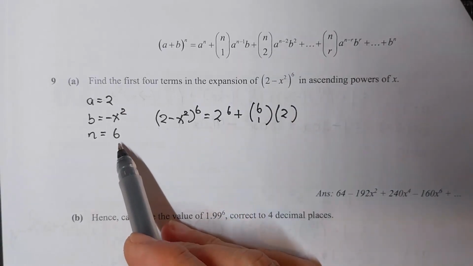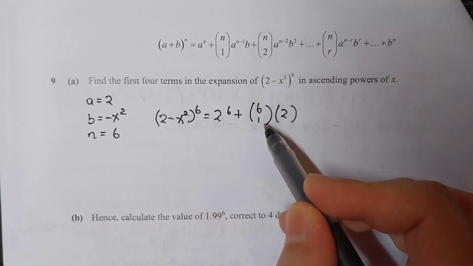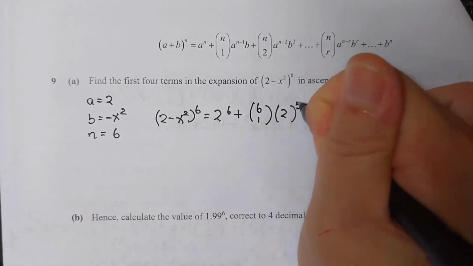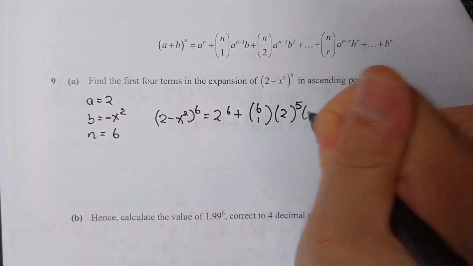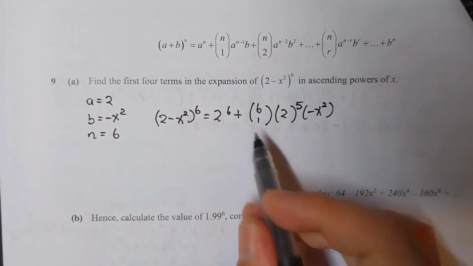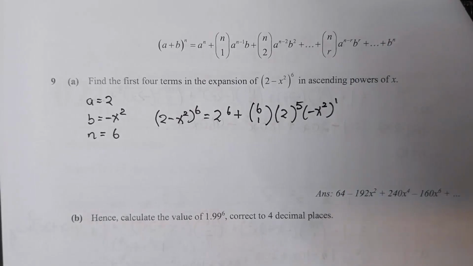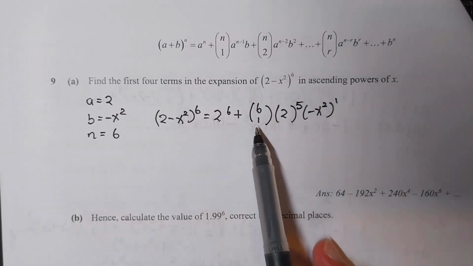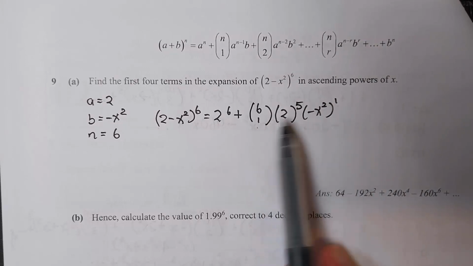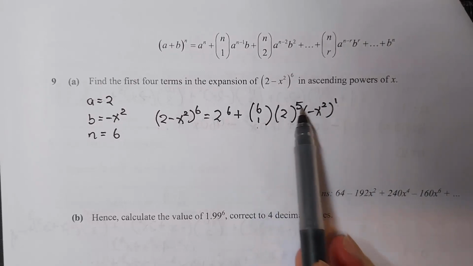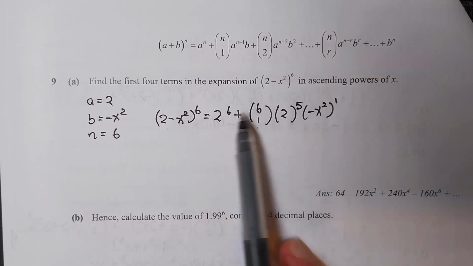Now remember, n is 6, and we have 6 minus 1, which is 5. For b, we will have negative x squared to the power of 1. Now, once again, do note that the value of r and the last power here are actually the same value. And these two powers must always add up to 6.